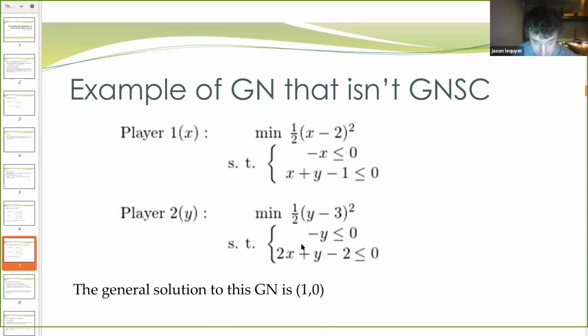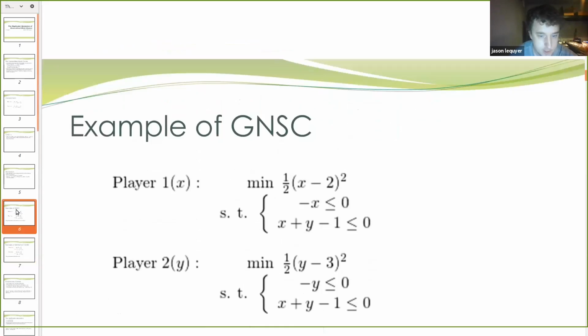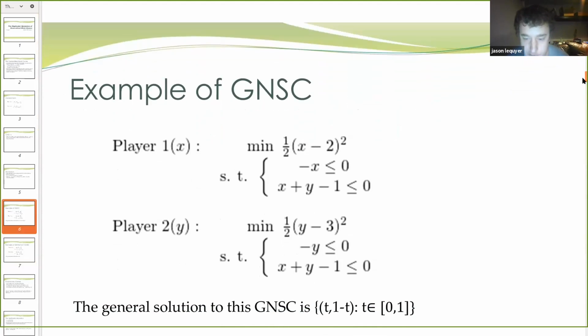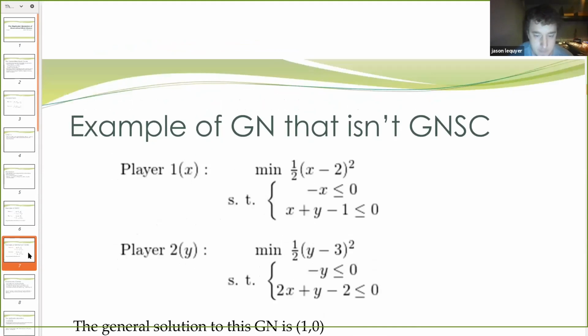And this is typical that you get larger solution sets with GNSCs because the points that are most conducive to being Nash equilibria are on the intersection of the relative boundaries of each player's constraint set. And since all those sets are identical in a GNSC, the relative boundaries coincide. So you can tend to get these larger solution sets, but in general, GNSCs are much easier to deal with.